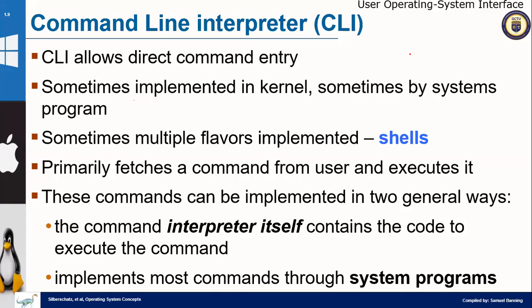When you double click on an application, your double click is actually not the one that opens the application. The icon that you are double clicking on is only a shortcut. When you double click, there is a command that is executed on behalf of your double click behind the scenes.